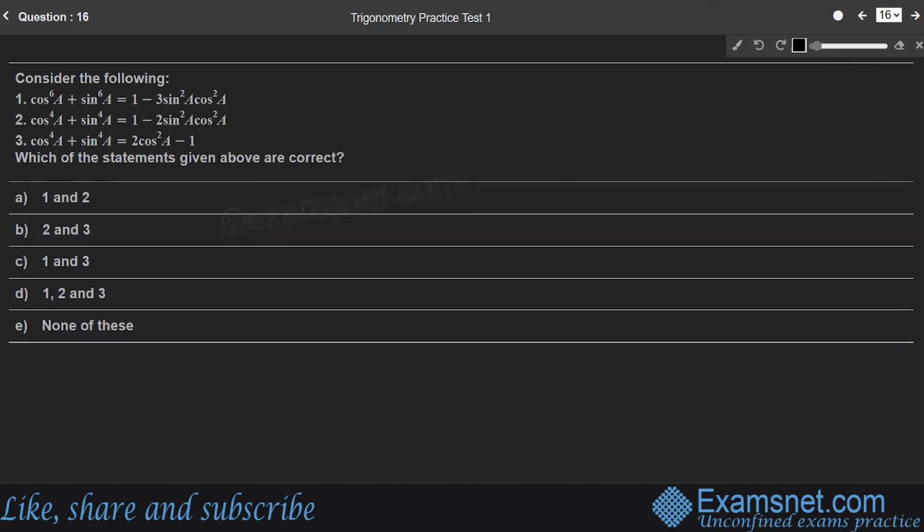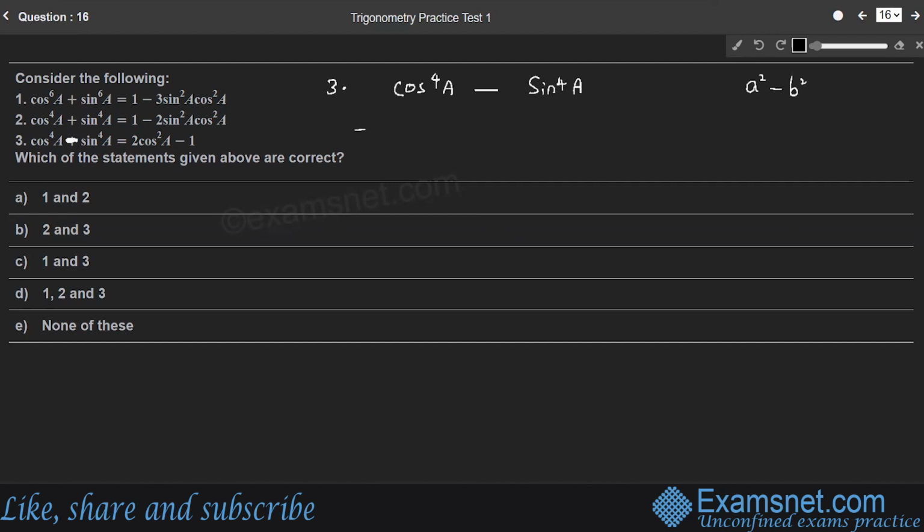Let us consider the third one. Here, students, there is a slight change in the third equation. This should be minus cos raised to 4A minus sin raised to 4A. So the third equation, cos raised to 4A minus sin raised to 4A, is in the form of a square minus b square.